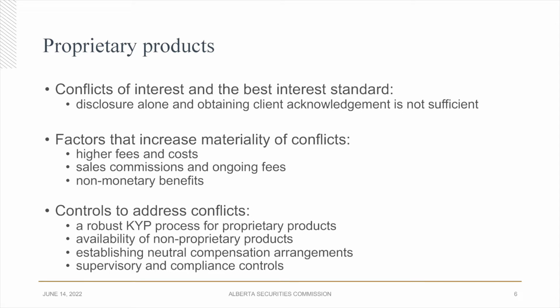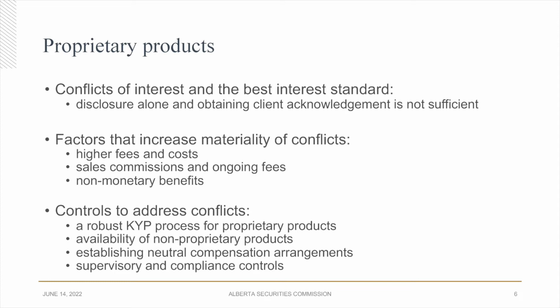Incentives are also created from having higher sales commissions and ongoing fees for selling, managing, or promoting proprietary products over similar non-proprietary products. Ashley will cover this point in more detail in a few minutes. An example of a non-monetary benefit is when a dealing representative's promotion is dependent on the sale of proprietary products.